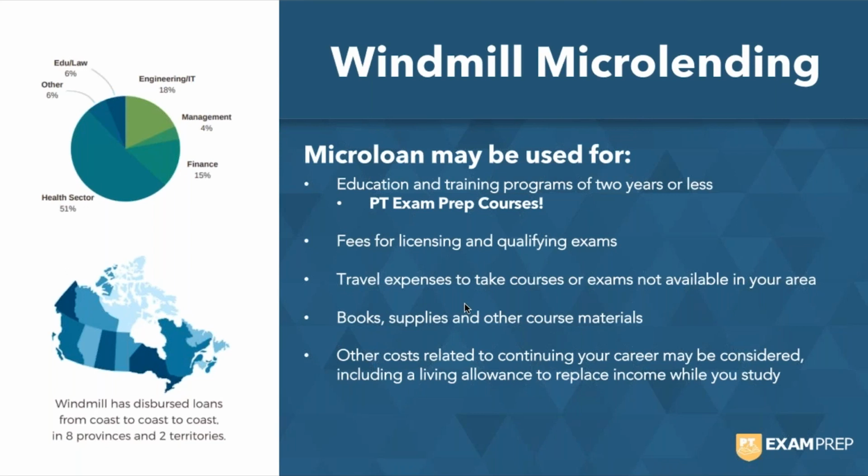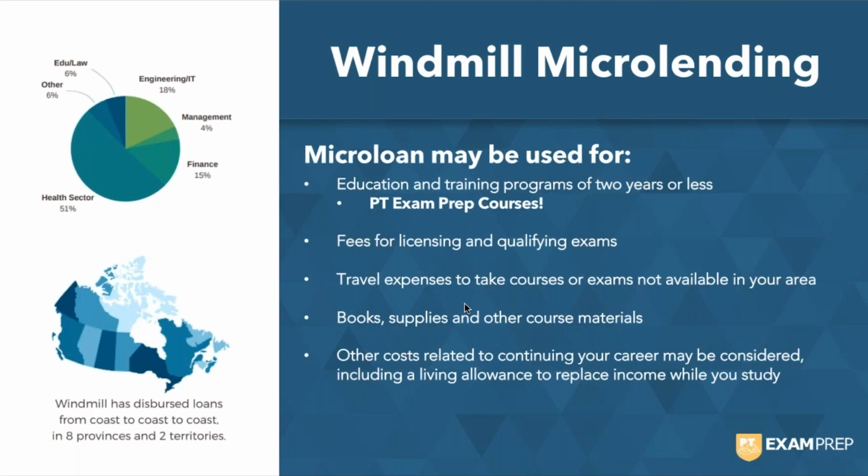The money, once you get it, you can use for a number of things. You can use it for education and training programs for up to 2 years or less, or also the PT exam prep courses. Yes, you can use it for fees for licensing and qualifying exams, travel expenses to take courses or exams if they're not available in your area, books, supplies, course materials.